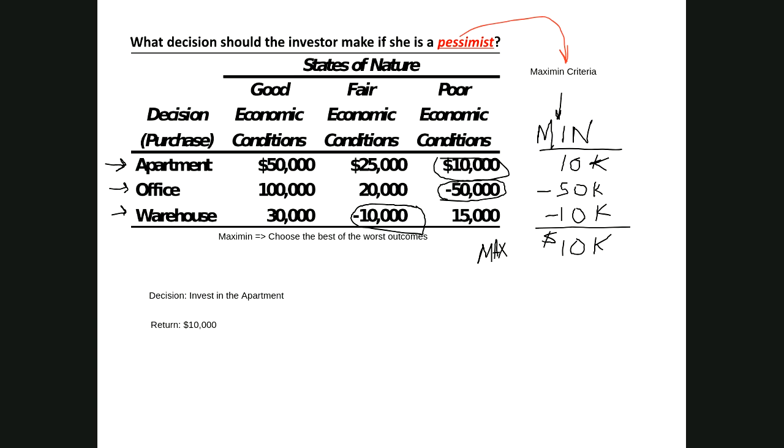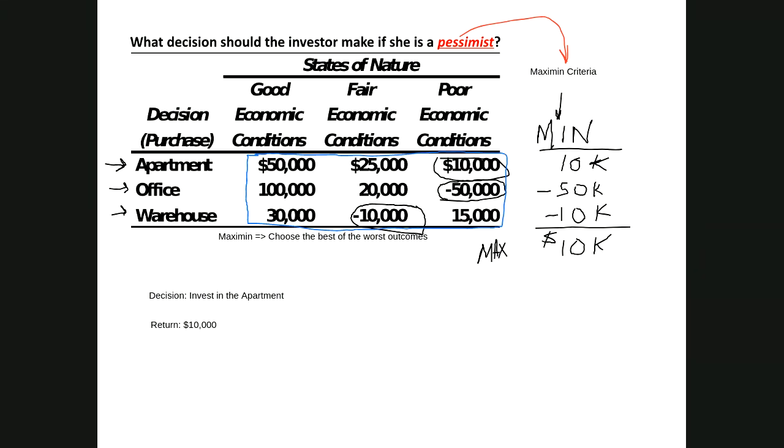Now let me say something about these net returns, and all of these returns in this table are net returns. And in this particular example, these would represent the net present value of those investments.